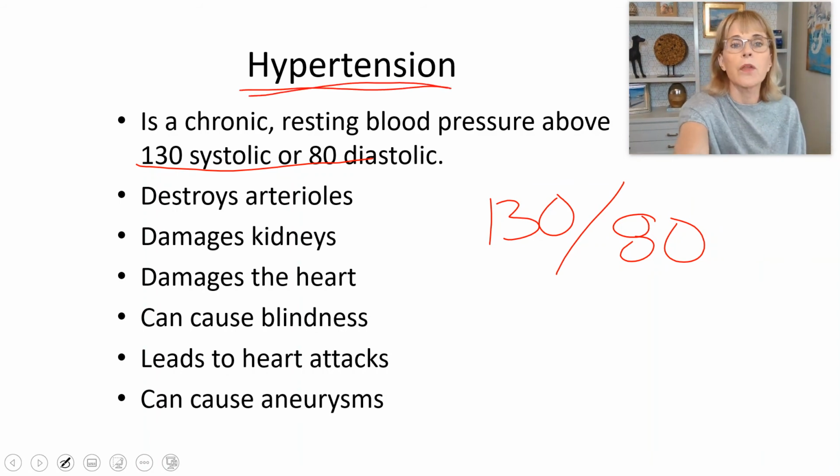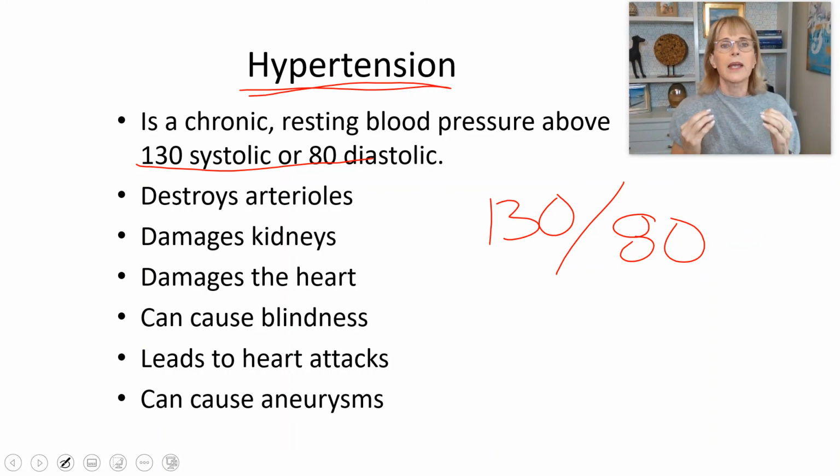Hypertension or the health problem of high blood pressure is when you're resting, like I've been sitting in a chair for 5 minutes doing nothing. When you're resting, blood pressure is chronically or typically 130 systolic or 80 diastolic or higher. All right. So I want you to memorize that number.